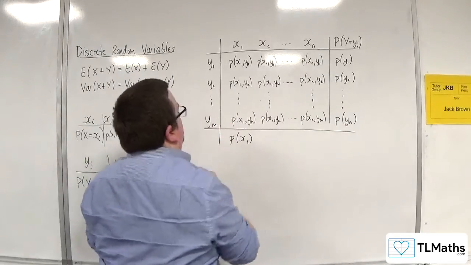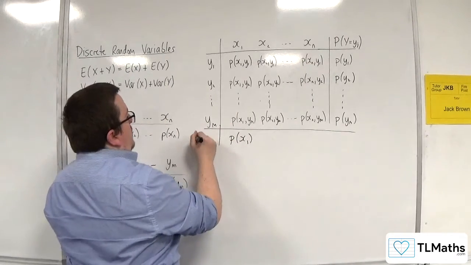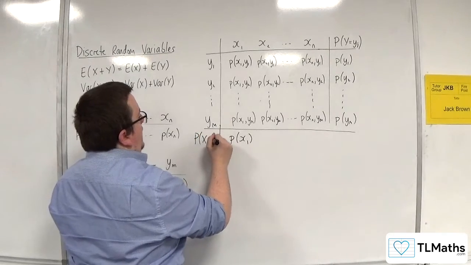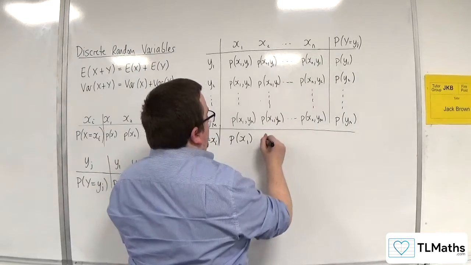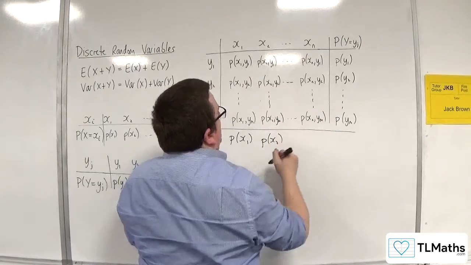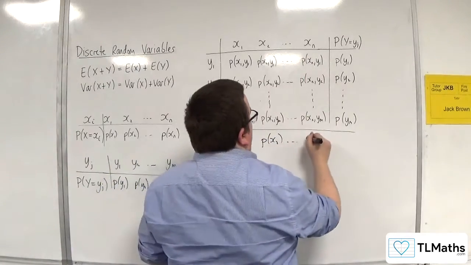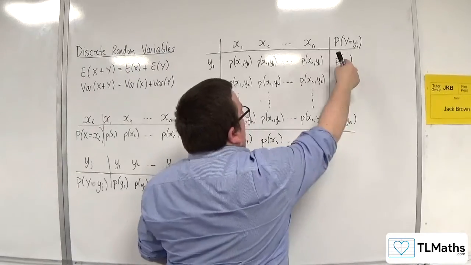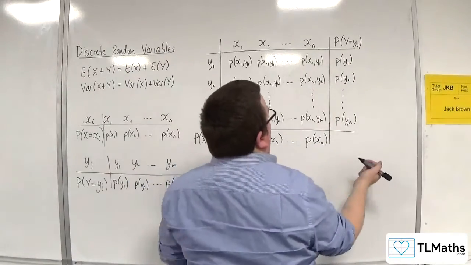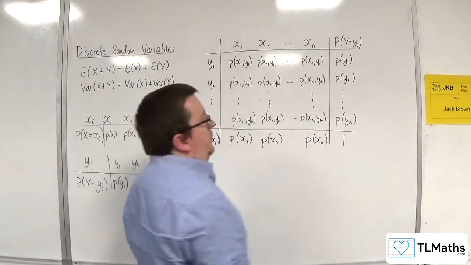So we could have a totals row, and this would be the probability of your x's being xi. All those together would add up to be the probability of x2, and all those would add up to be the probability of xn, and all of those would add up to be, of course, 1.